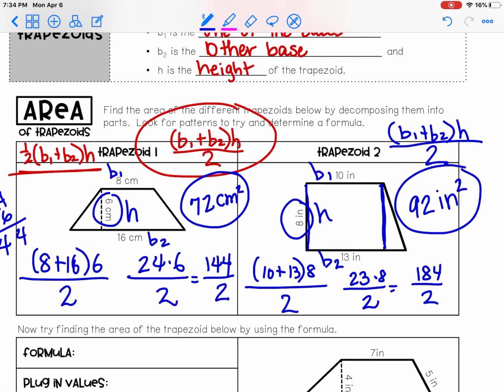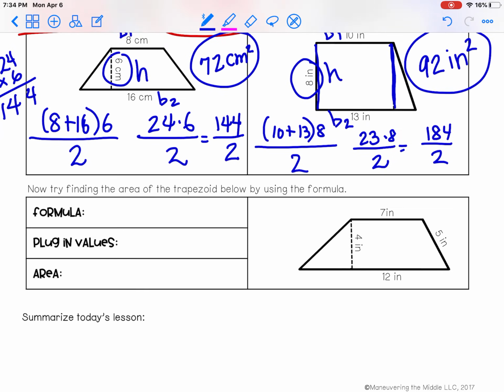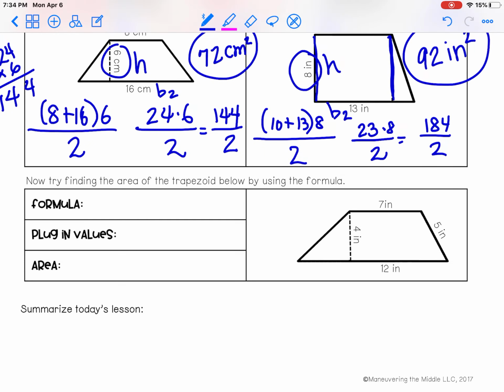All right, one more time. Please watch this video as many times as you need to until you understand how to use this formula. We're going to use the formula B1, that's the first base, plus B2, that's the second base, times height, all divided by 2. Now we look at the trapezoid. We'll call this B1.